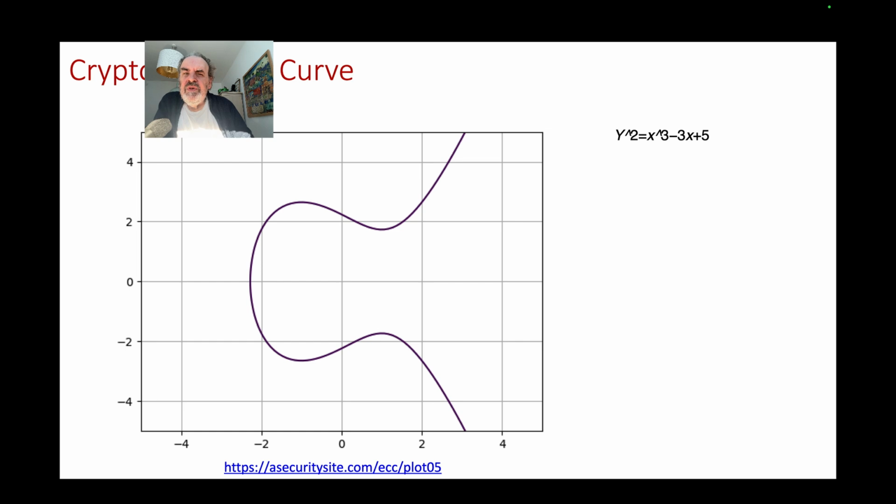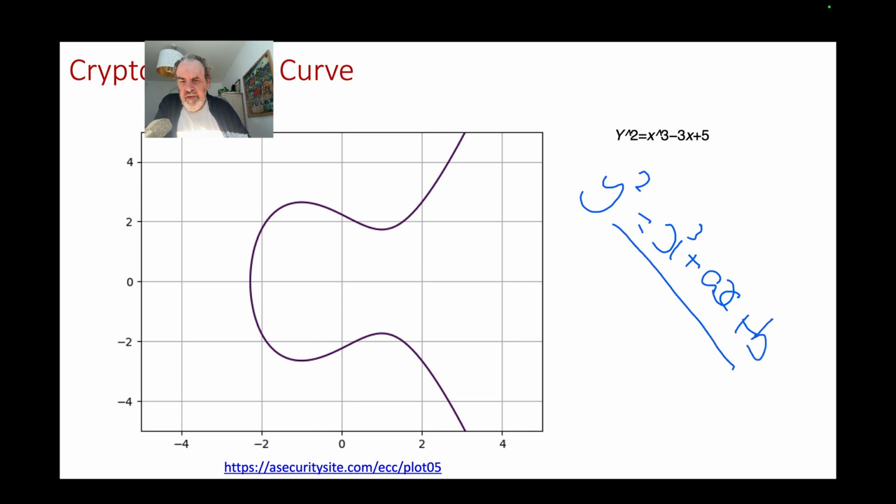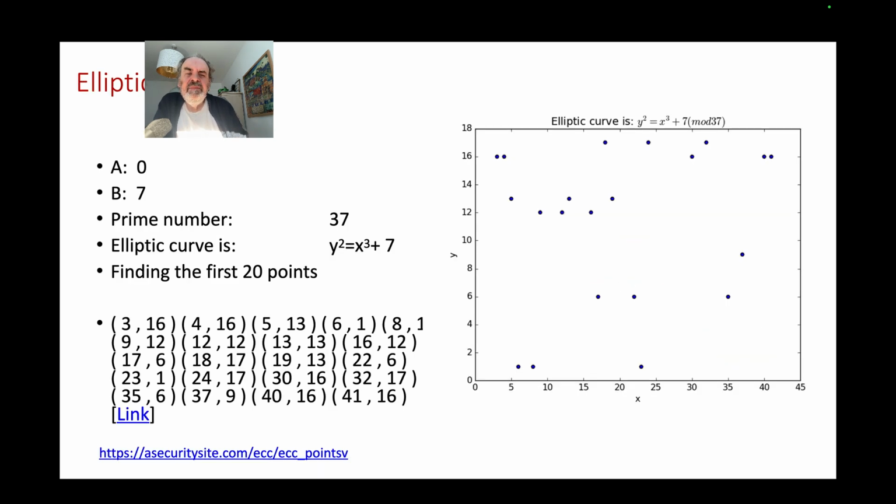The other method that we use for public key encryption is called elliptic curve. With this, we have an equation such as this for an elliptic curve. And this gives us a nice analog curve that looks a bit like that. But in real life, we add in a mod operation into this, and we end up with points that represent our curve.